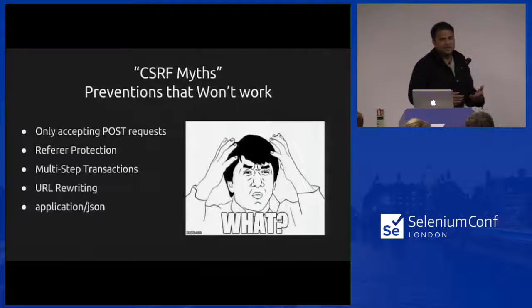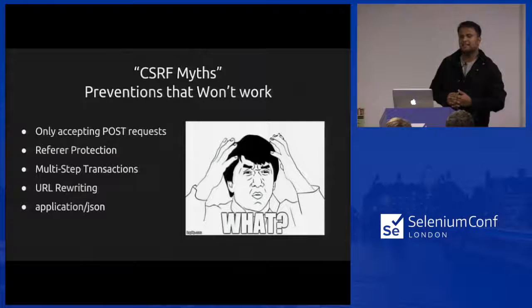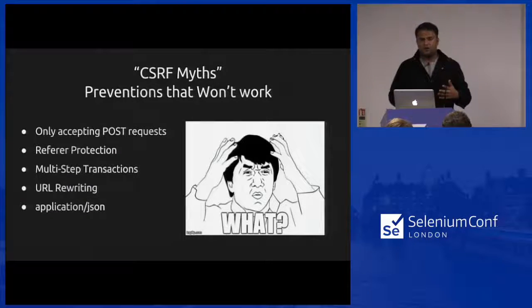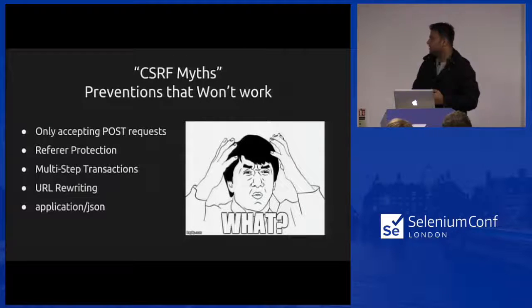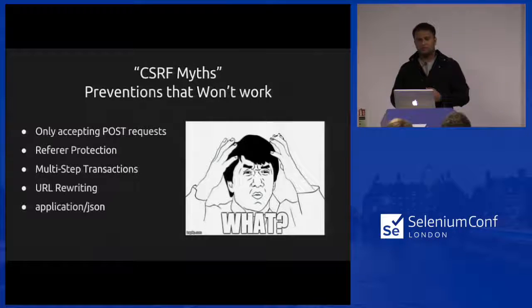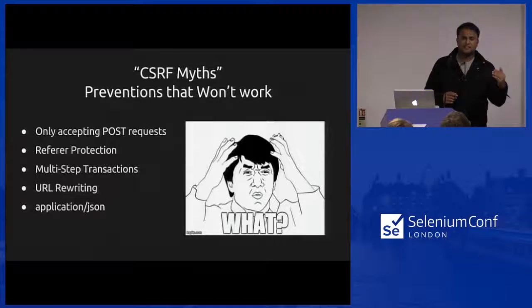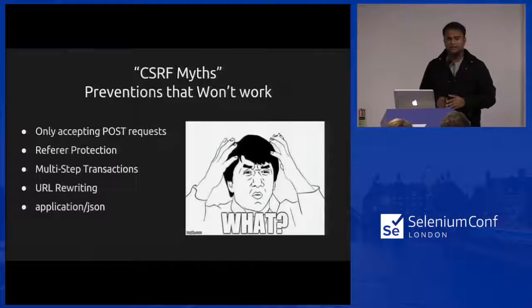It doesn't matter: if you're not passing a CSRF token along with the state-changing request, you can always perform an attack on that. Some websites I've seen were protecting using referrer checks, but it can go wrong because when you're transitioning from HTTPS to HTTP, the referrer information is not sent, and using that, you can bypass it.